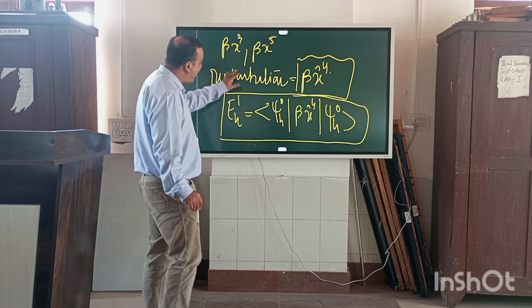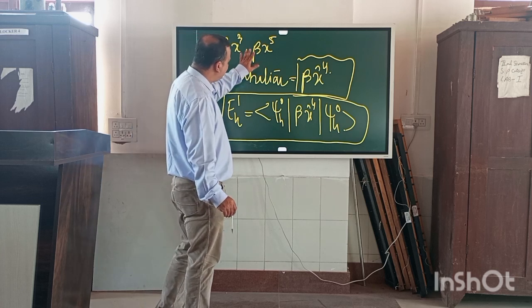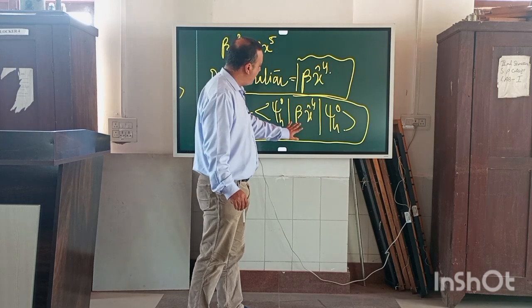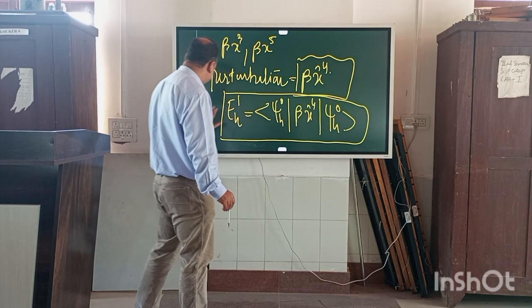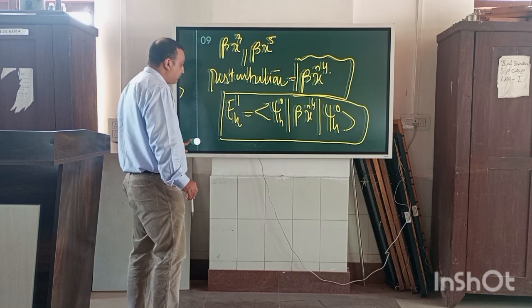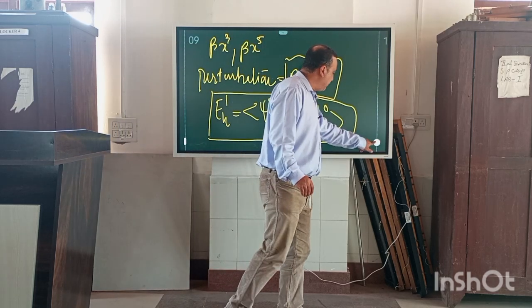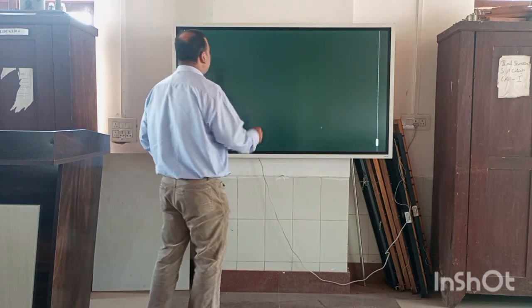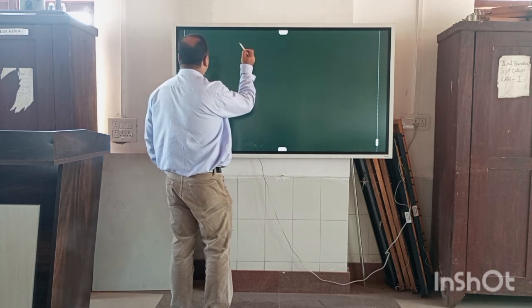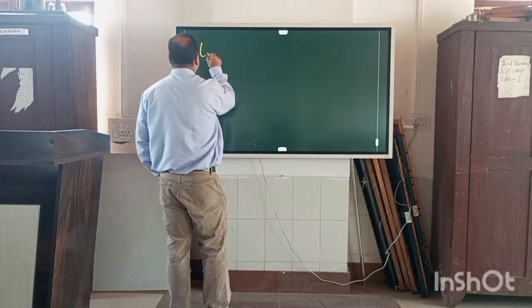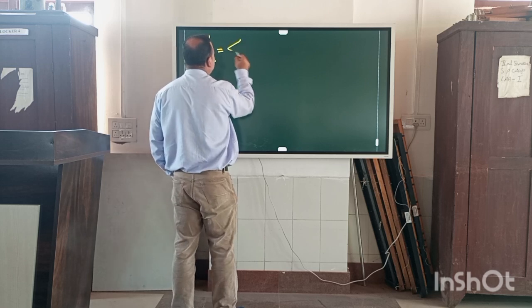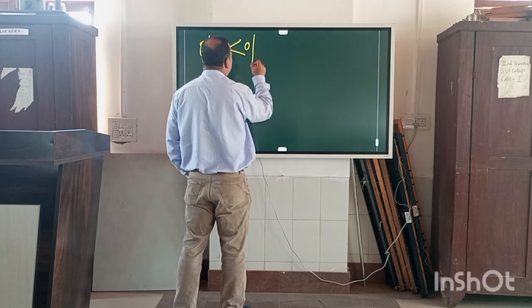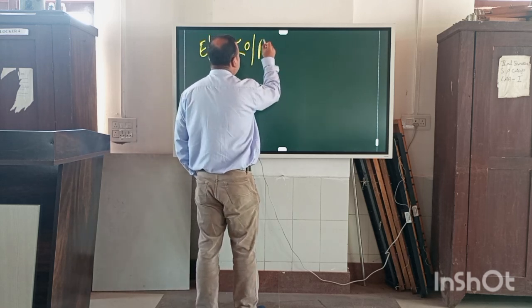which has a perturbation that has been introduced in the form of beta x raised to the power 4, where beta is a small number. So we will use the same technique which we used for the previous problem. E n 1 will be, so instead of psi n, I will choose 0, and beta is beta.